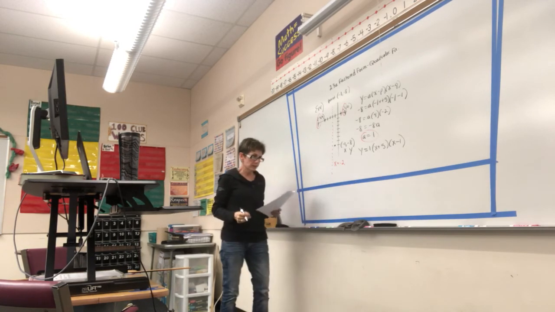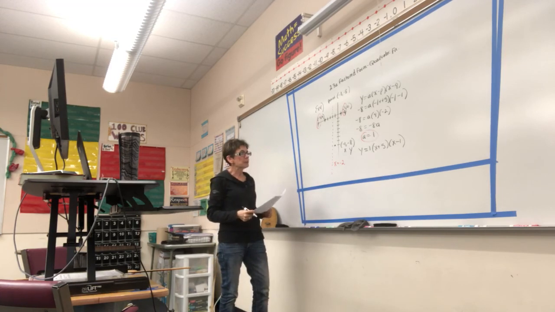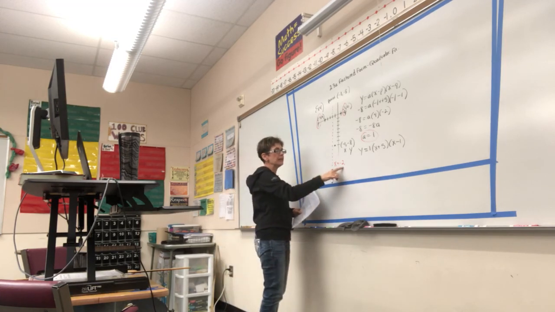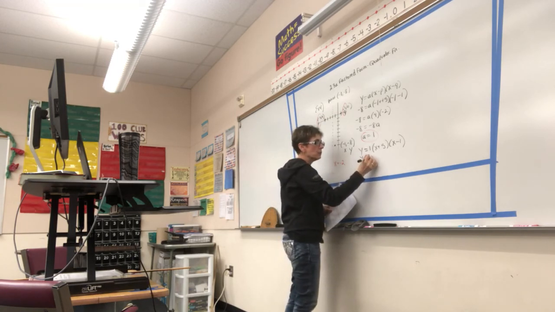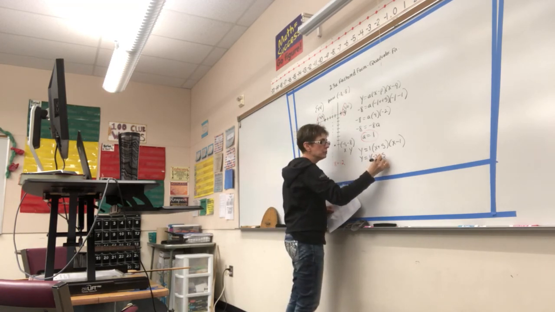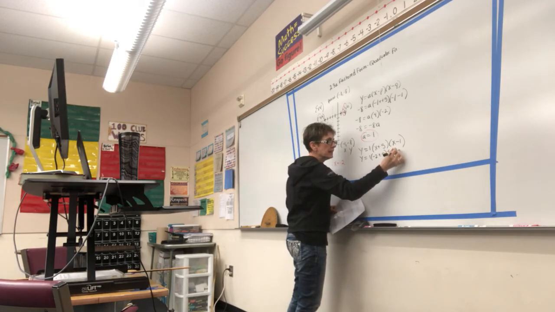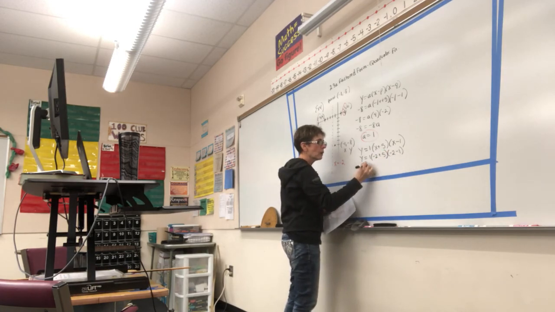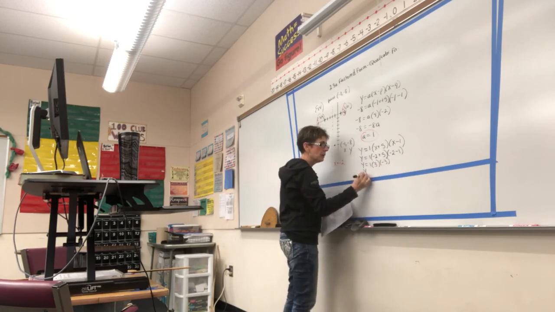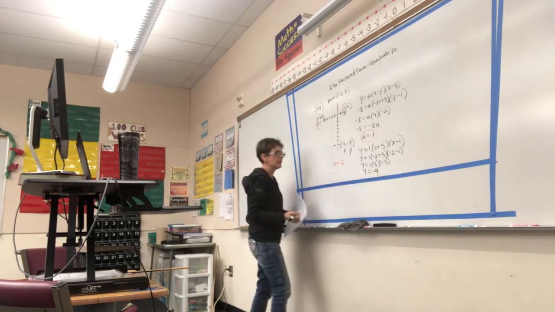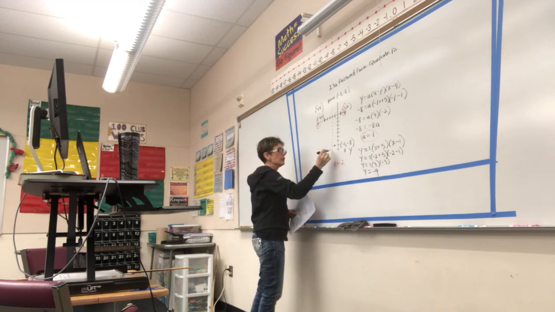So if we want to find the vertex for graphing purposes, we would need to plug -2 in for X. So we would write Y equals 1 times -2 plus 5 times -2 minus 1, or Y equals 1 times 3 times -3, or Y equals -9. So what we can see is the vertex is at -2, -9.